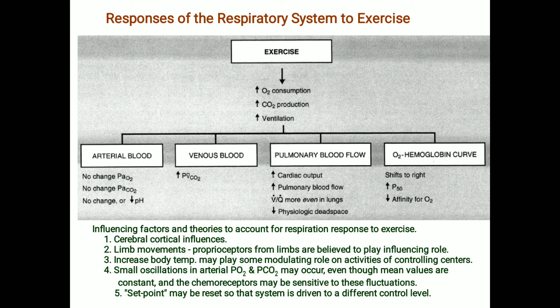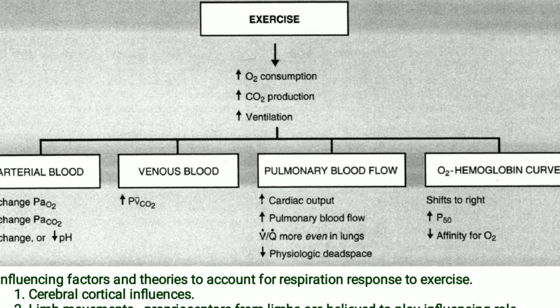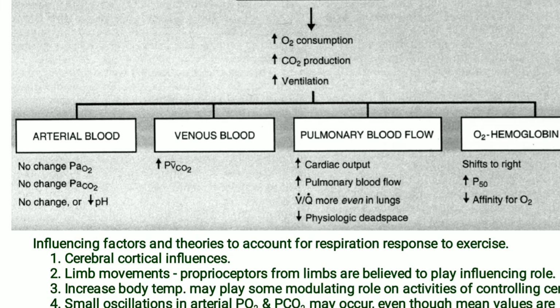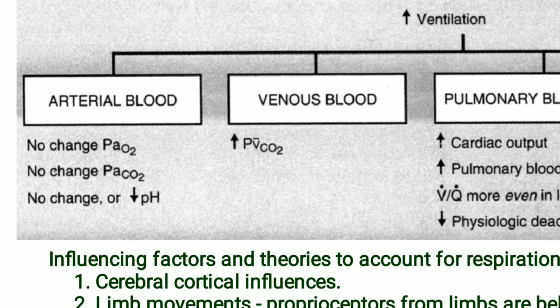The next slide is a very important slide which you need to know. Exercise generally increases oxygen consumption, carbon dioxide, and ventilation. This is achieved due to a change in blood chemistry.